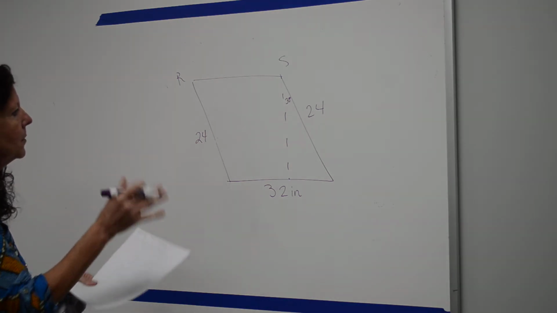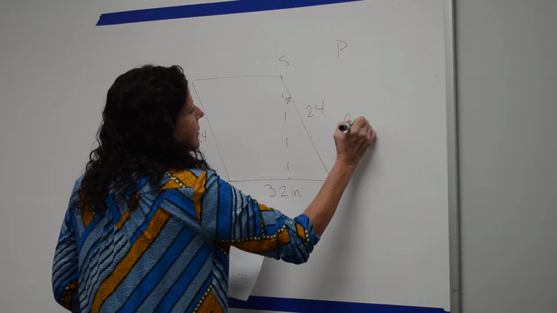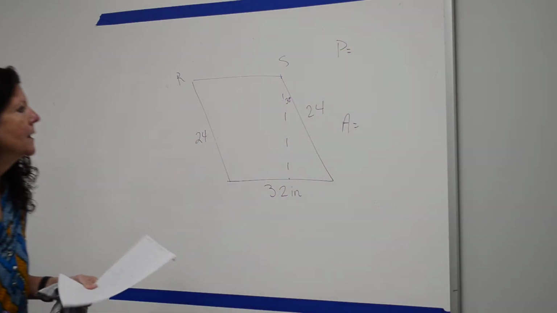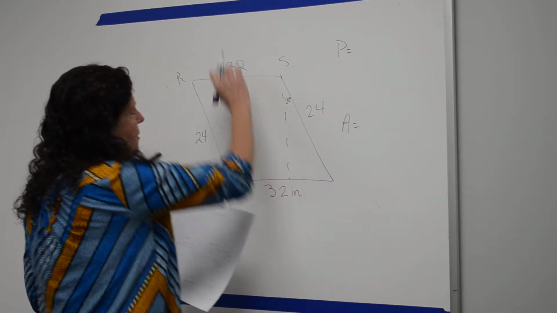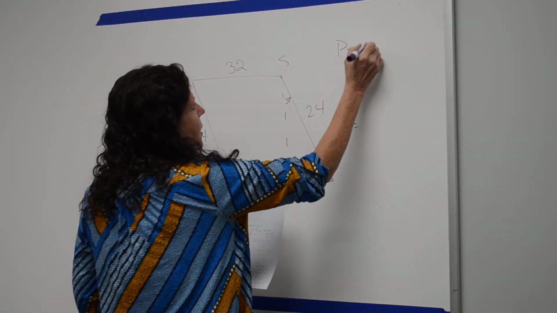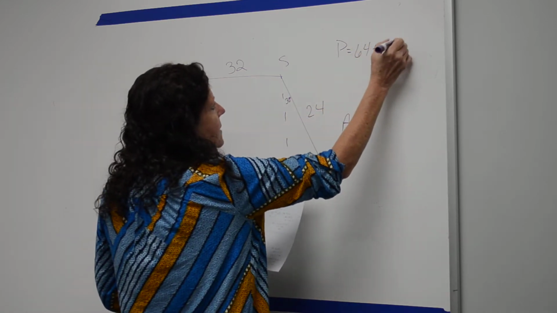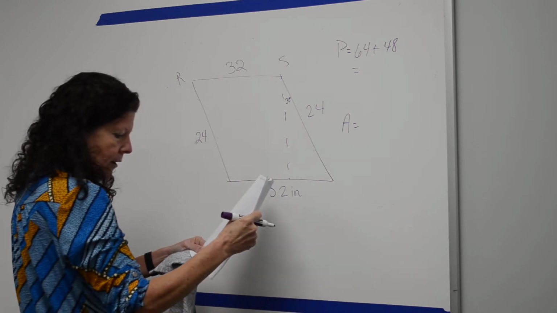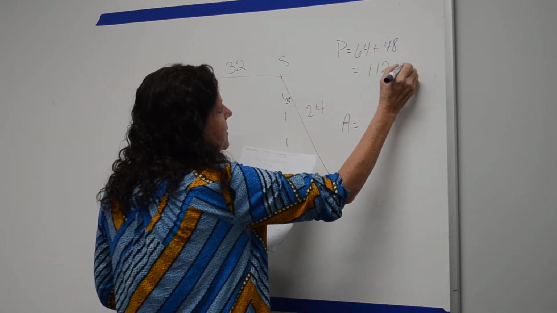So do this problem, find the perimeter and find the area. All right, the perimeter would be 32 times 2, which is going to be 64, plus 24 times 2, which will be 48. So the perimeter here is going to equal 112 inches.